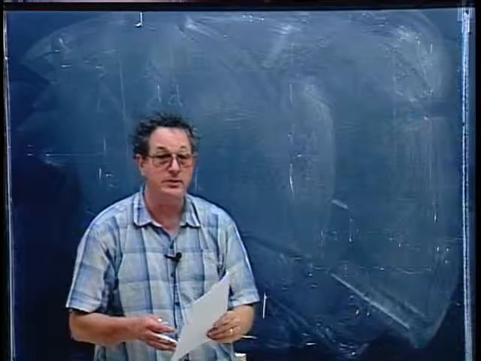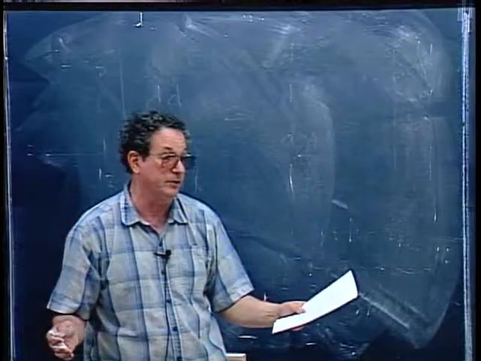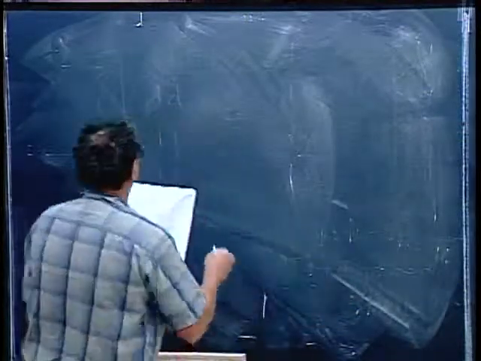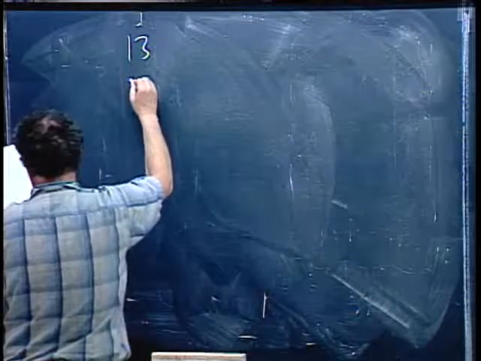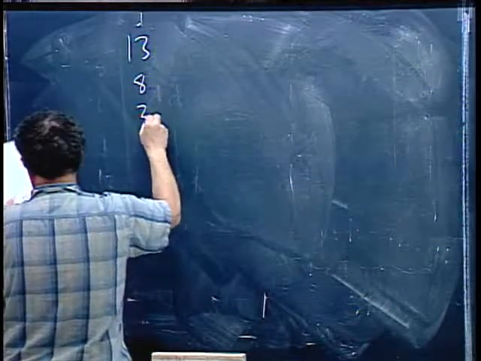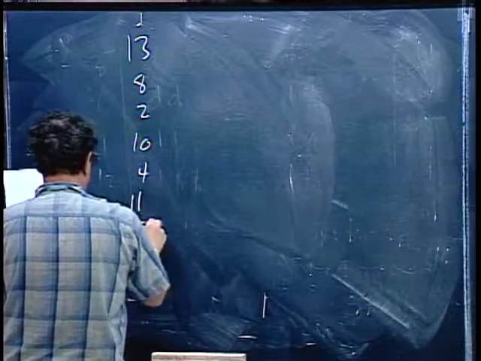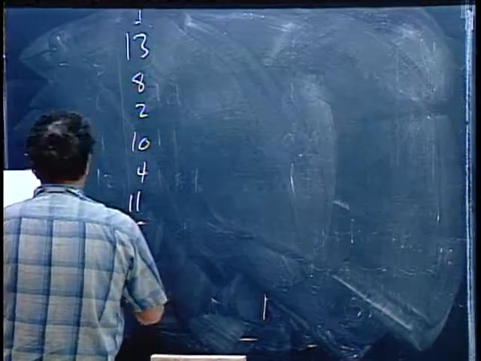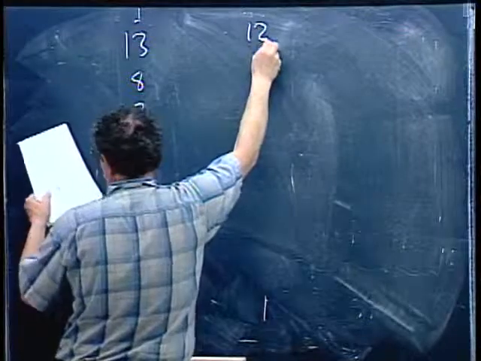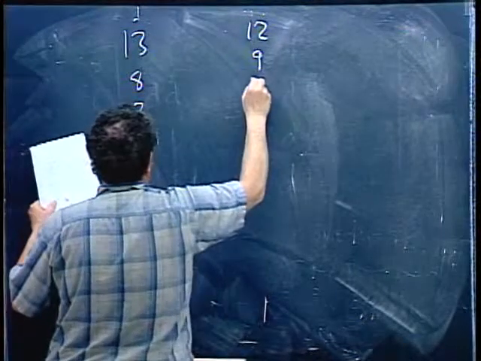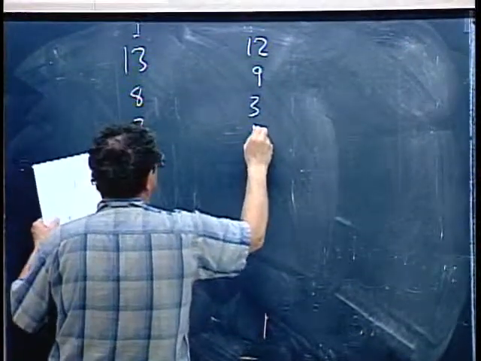And what I want is the suffix array of the original string S. So it means the suffix array for all the positions, unrestricted. So let me just write down again 13, 8, 2, 10, 4, 11, 5, 7, 1, and 12, 9, 3, 6.